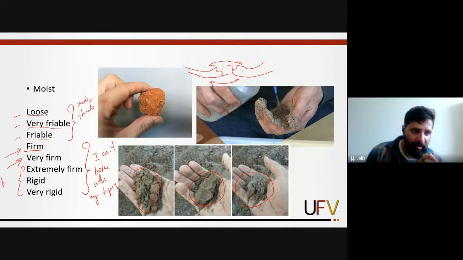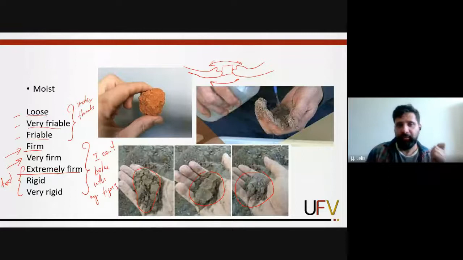So again, I will use a tool, and if using a tool I can easily break my pad, if I use a hammer and hit the material and it easily breaks, I can have an extremely firm consistency.